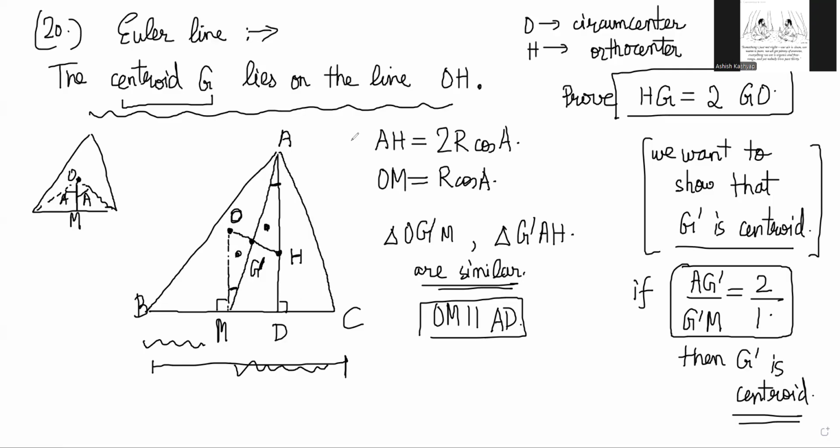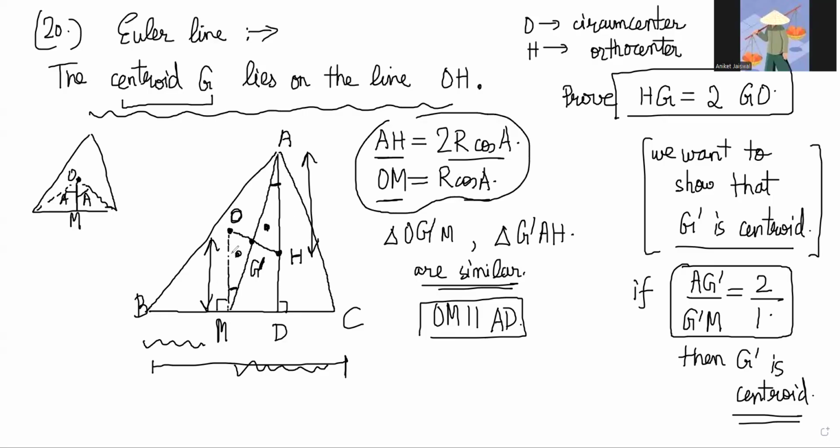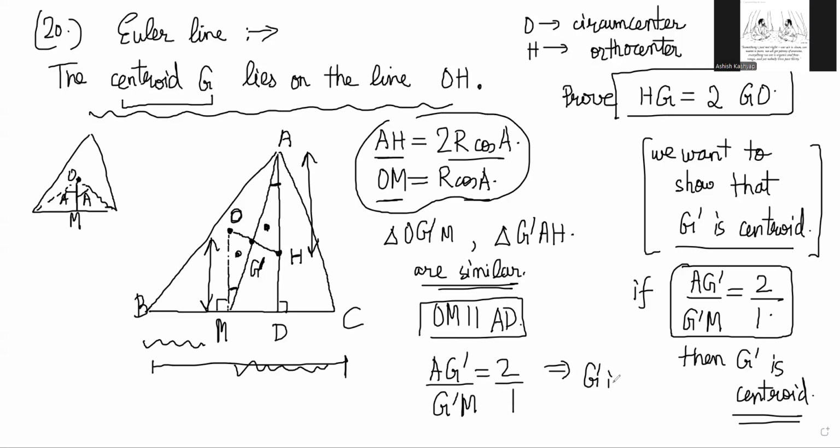If the triangles are similar and one of the ratios, AH and OM, is coming 2:1, these are corresponding sides because both of them are opposite to the vertically opposite angles. So the same 2:1 ratio comes here, and we get that AG' by G'M will be 2:1, which means G' is centroid.